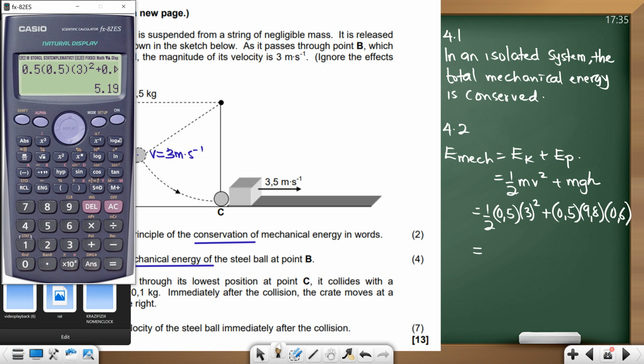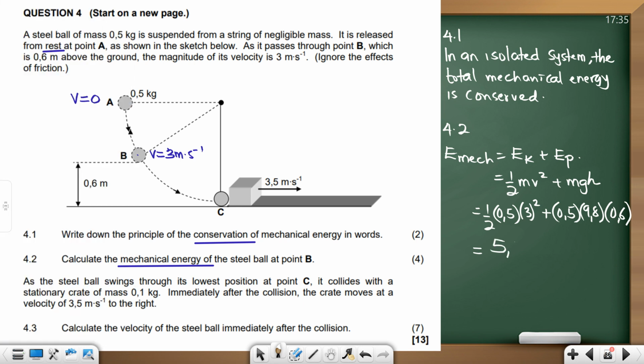You've been doing physics for 3 years. 5,19 joules. Please. SI unit. Energy is measured in joules. Energy is measured in joules. Please, I'm sure you've learned a lesson there.